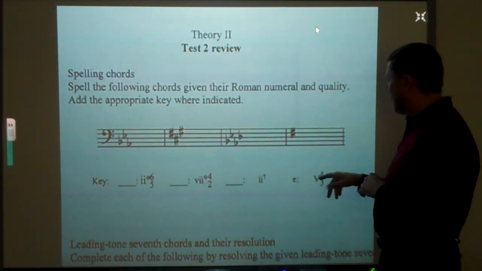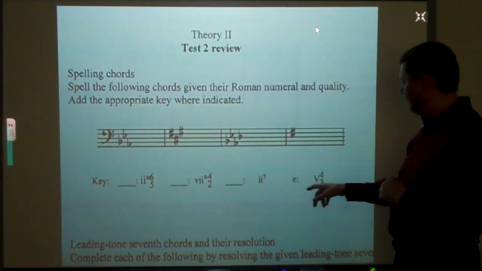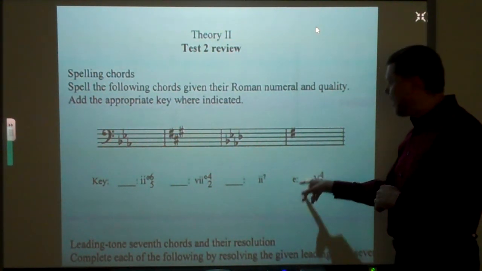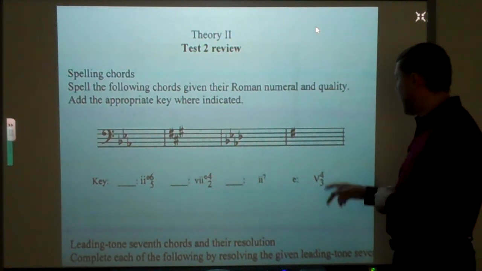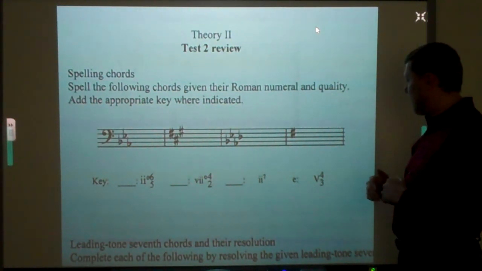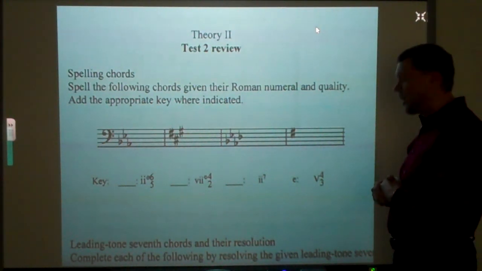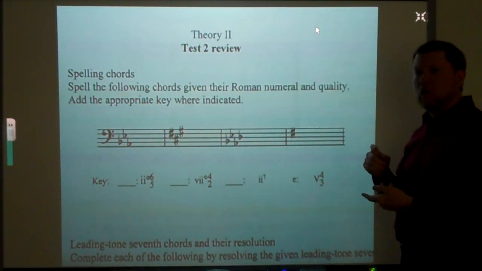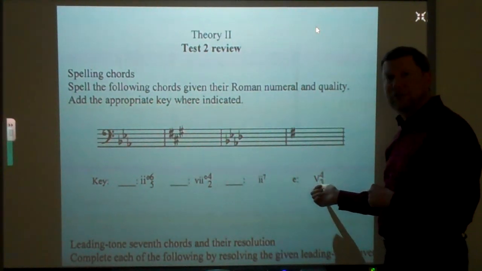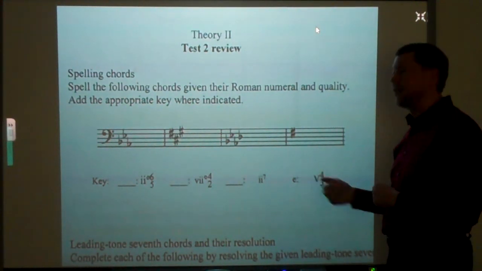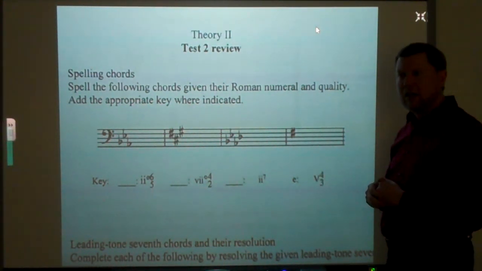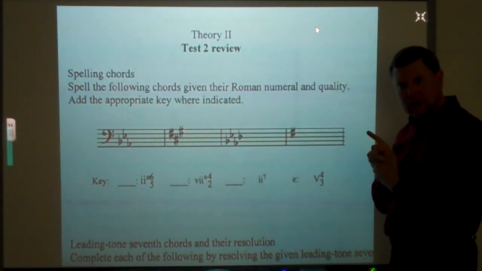And finally, the last problem in section 1, we are in the key of E minor. That is given to us this time, and we need to spell a dominant 4-3 chord in the key of E minor. Remember again that any major V chord or V7 chord in minor keys will contain ti, or the leading tone.